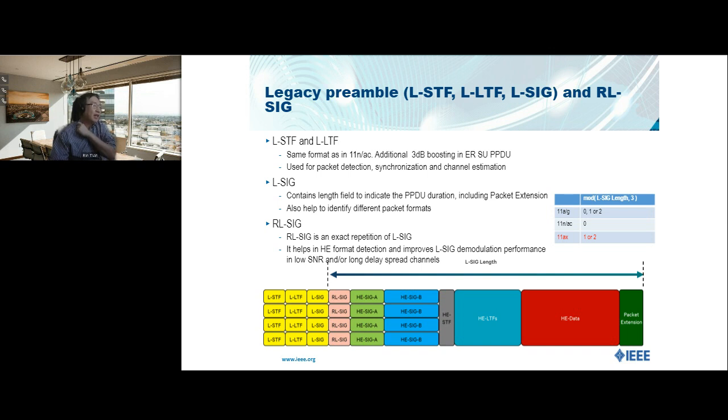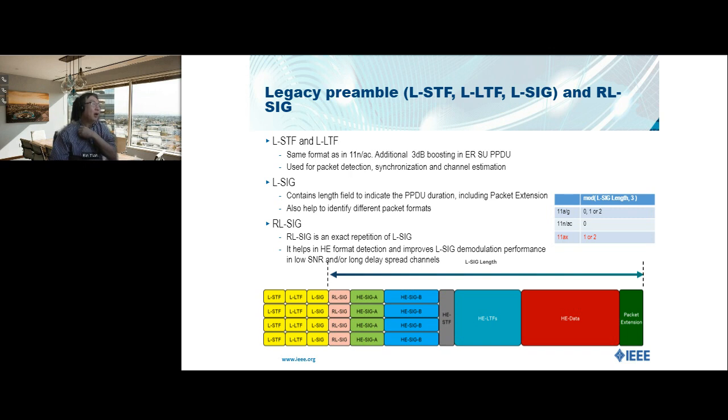The second part is that the repetition can improve the link budget of L6. Remember, we were talking about extended range, because ER SU wants to be more robust. So repeat L6 serves that purpose to make L6 more robust.